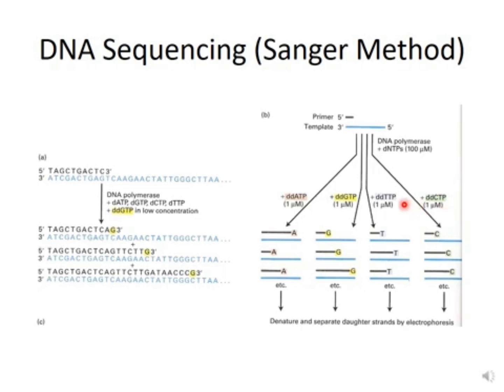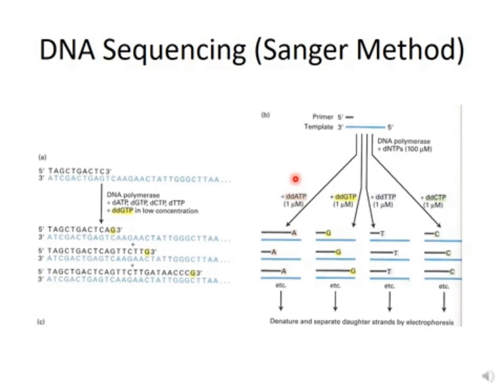So the contents of all 4 reactions are the same, except for one difference. As we said, you have dNTPs. There are 4 types of dNTPs: dATP, dGTP, dTTP, and dCTP, right?